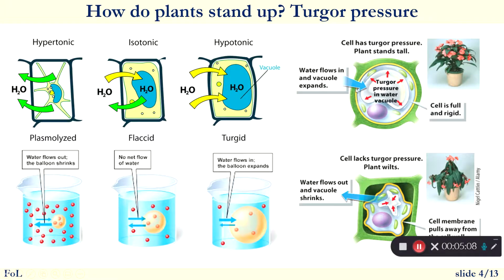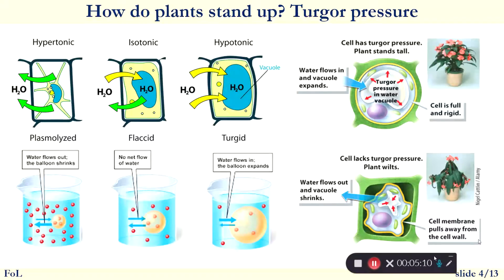And here's a picture on an actual plant, so you can see what that looks like, where you have this turgor pressure inside the water vacuole that's pushing that cell membrane right up against the cell wall, and we have these rigid leaves, or really firm leaves.